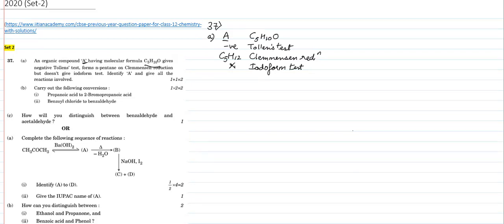Now, we have C5H10O. First of all, it cannot be an alcohol.